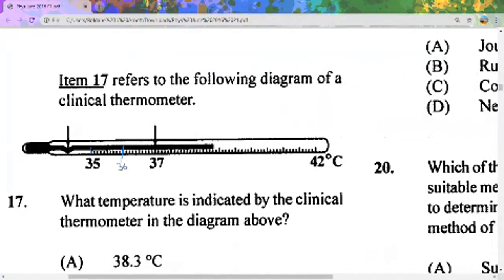And the meniscus of this thermometer would be right here. So 35, and you go 35.1, 35.2, 3, 4, 5, 6, 7. It's my cursor. 8, 9, 36.